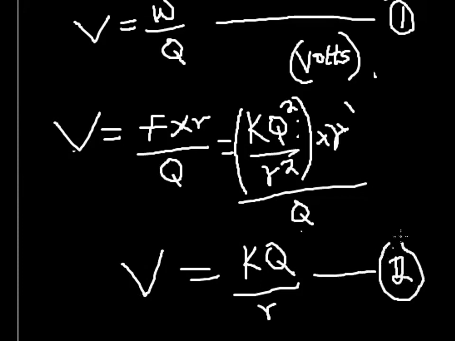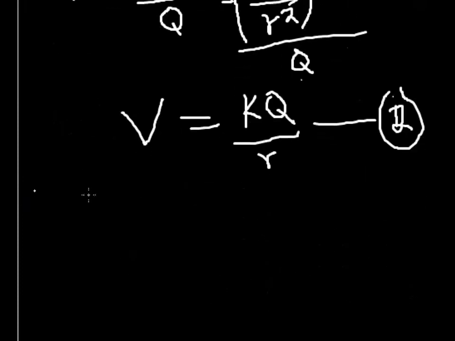So this is formula number 1, and you can use this. There are some cases where you need to use this, or use that. So please take note: V is equal to KQ all over R. Don't forget that previously we looked at E being equal to KQ all over R square. Now V is equal to KQ all over R. So just know the difference.